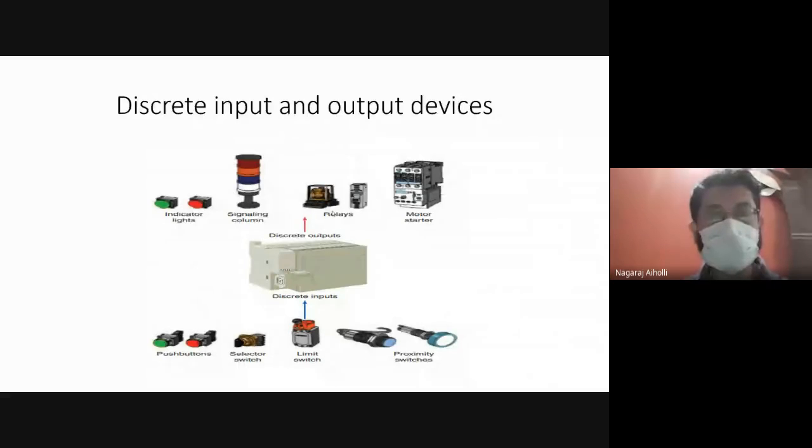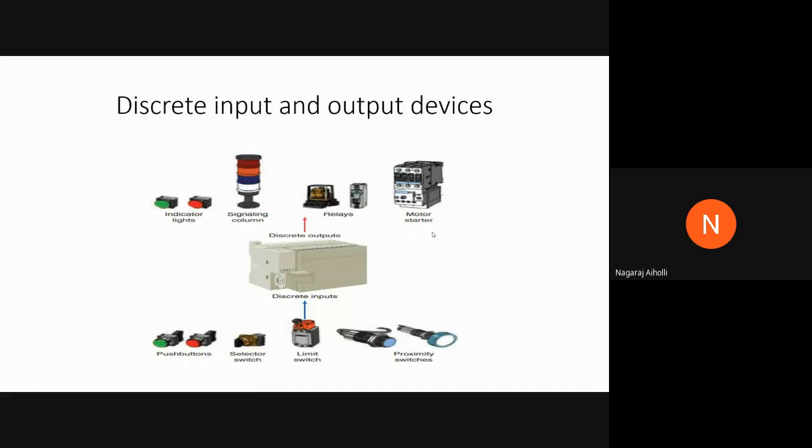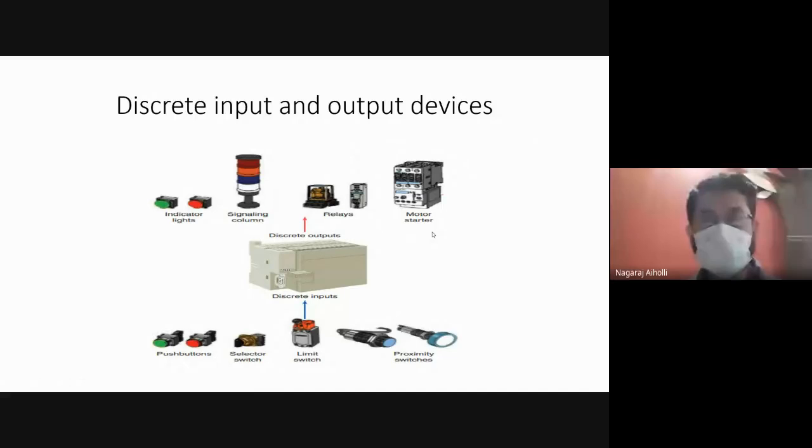Such switches are called relays. The last one is the motor starter, which is used to control the power to start the motor. It is the output device, the field device which is connected to the output module.